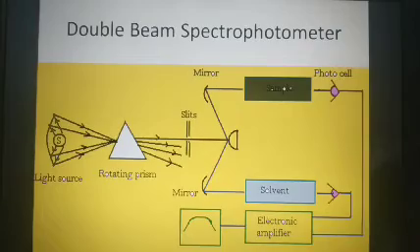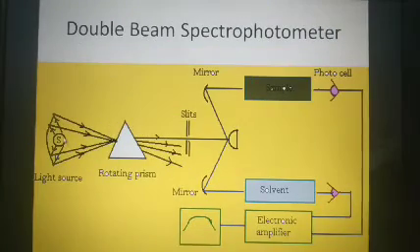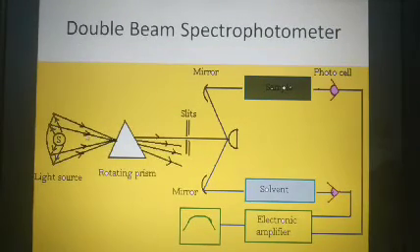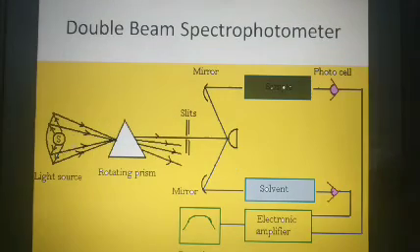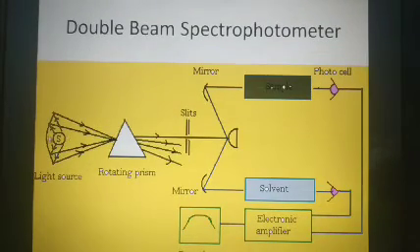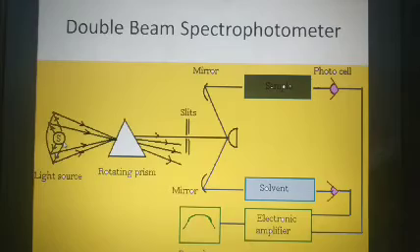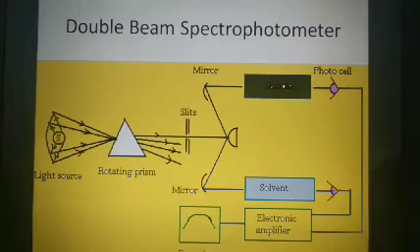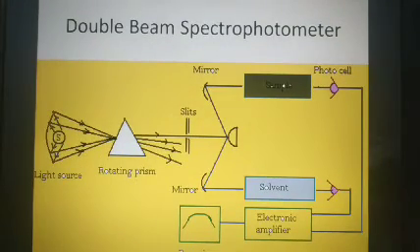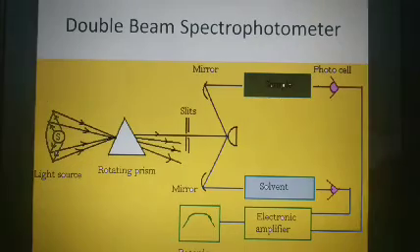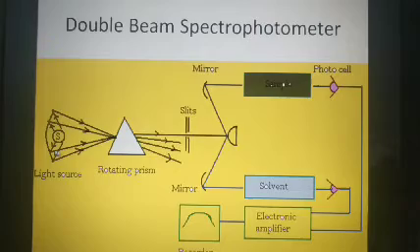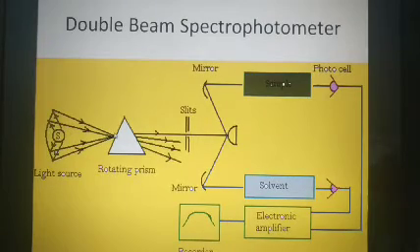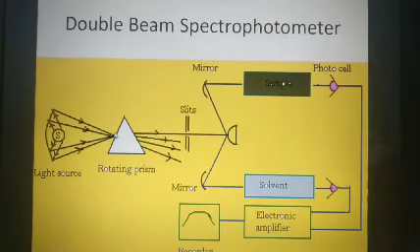So at the start there is a light source, this one. Various rays are emerging from it. The light source is generally a tungsten filament for the visible region, and a hydrogen discharge lamp for the UV purpose. We know that in the hydrogen spectra, the Lyman, Balmer, Pfund and Brackett series comprise the UV, and that UV is utilized for the ultraviolet spectra.